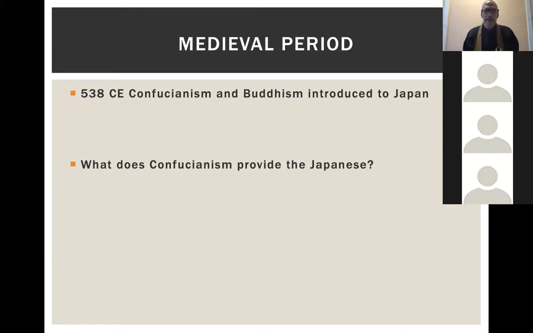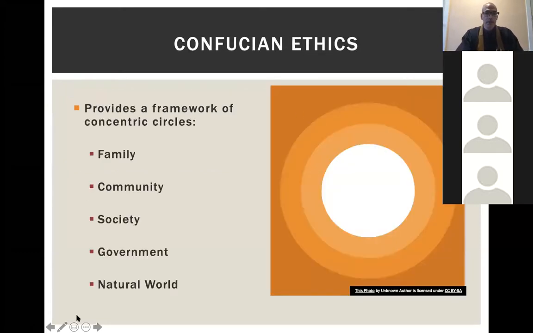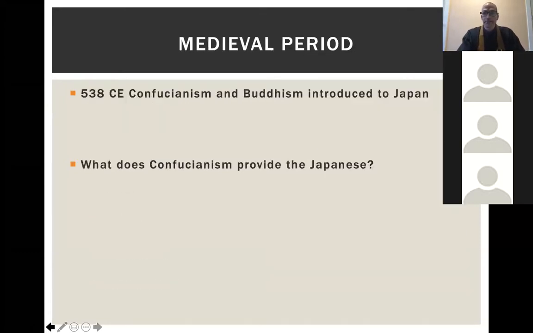The date where Confucianism and Buddhism are introduced into Japan is 538 CE. The Confucian element that was brought to the Japanese was ethics.